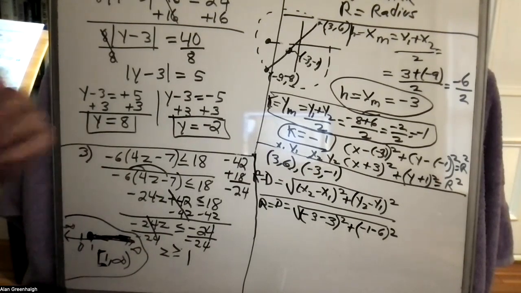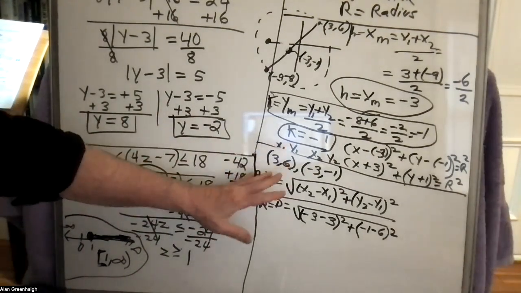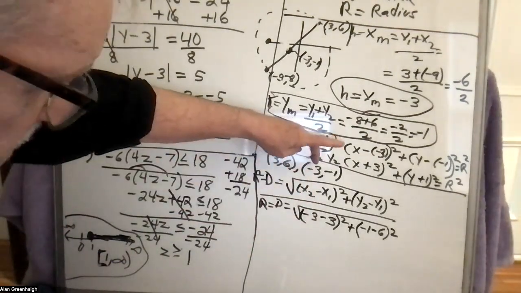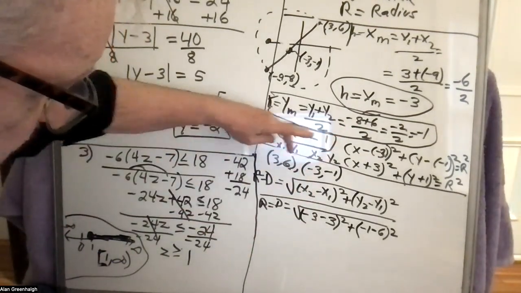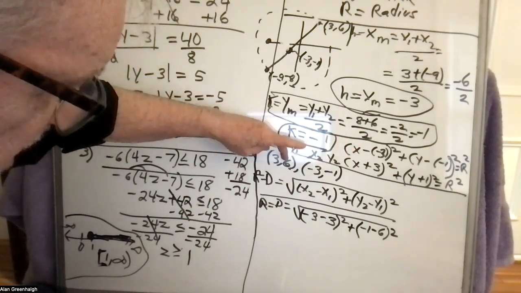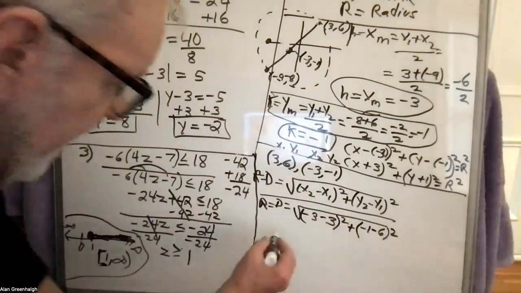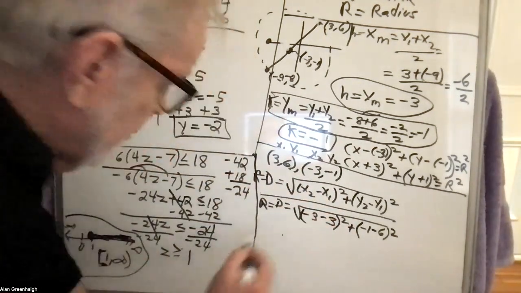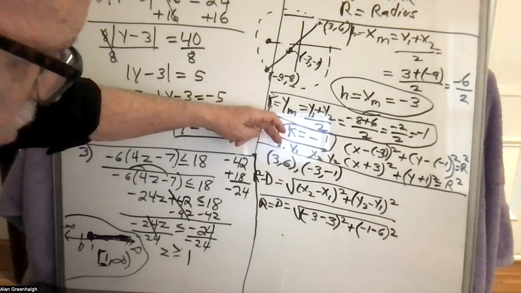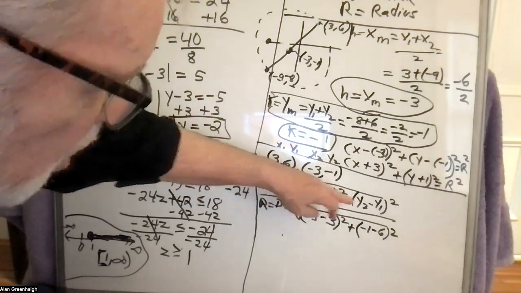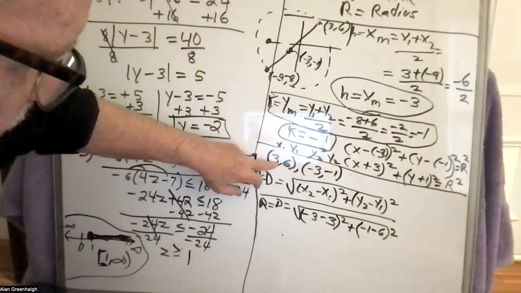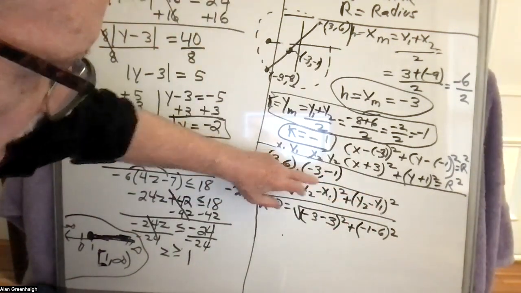And again, this is a lot of signs and manipulations of numbers. So this is x2, -3 minus 3, -1 minus 6. There it is right there. And be careful. Now you could have done, it didn't make a difference, x1 minus x2, y1 minus y2, and then you would have had 3 minus a -3.